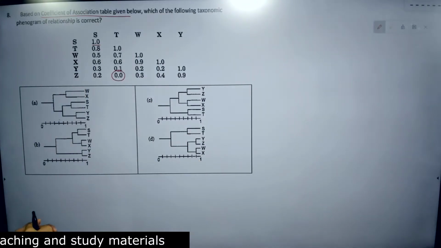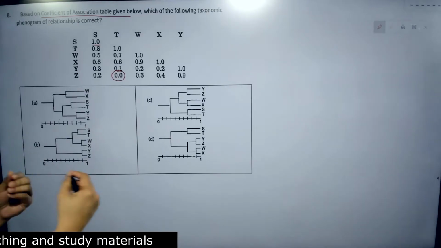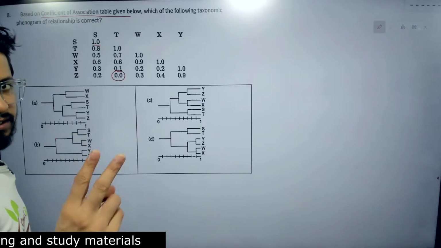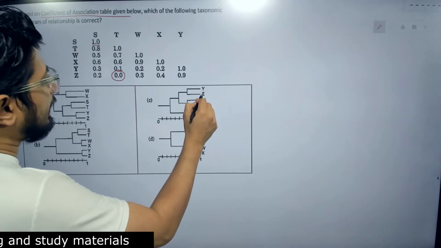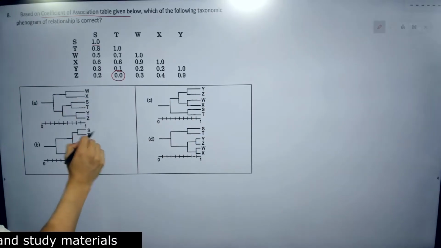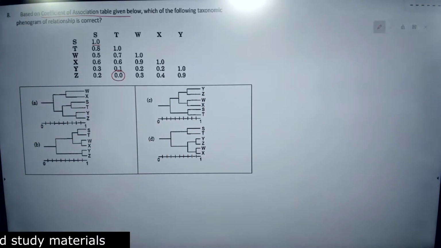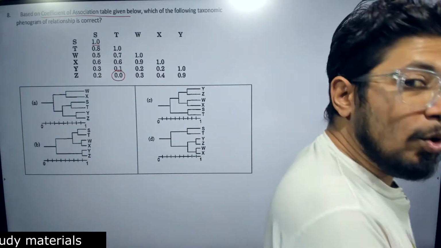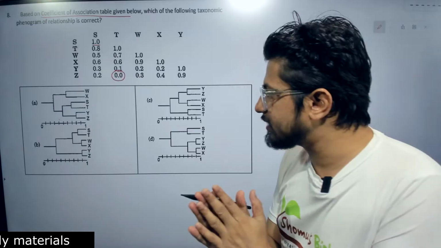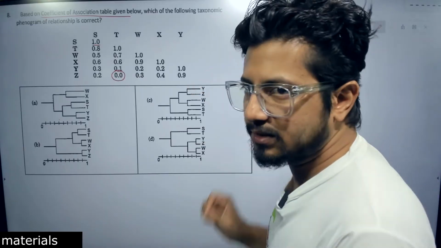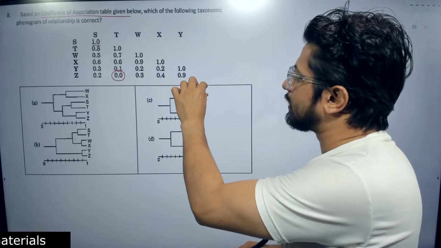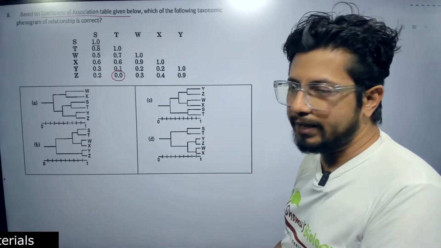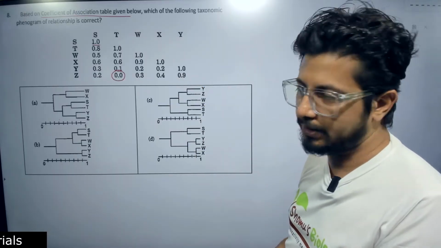Now how exactly will we see the relationship? The most similar characteristics, so between Y and Z you can see, or W and X, S and T, it's provided like this. They should be very similar in terms of their score because they are connected by a common ancestor. तो जो दो characters एक common ancestor द्वारा connected होंगे उसका score भी high होना चाहिए, right?